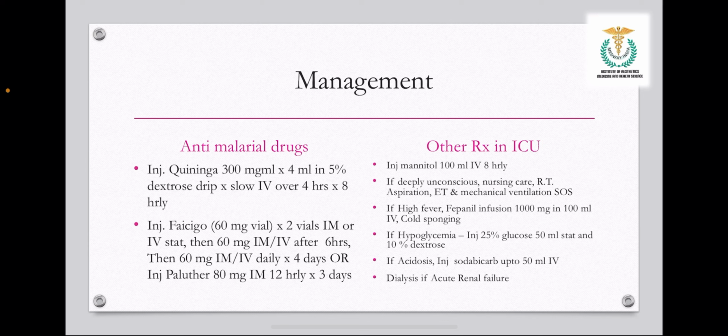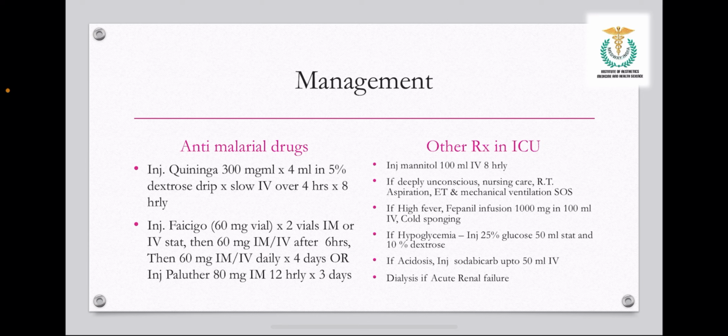And you can also advise injection Falsigo 2 vials IM or IV stat, then 60 mg IM or IV after 6 hours, then 60 mg IM or IV daily for 4 days, or injection Palutar 80 mg IM 12 hourly for 3 days, or injection Mostar 150 mg IM OD for 3 days. So these are the anti-malarial drugs you can advise or prescribe.